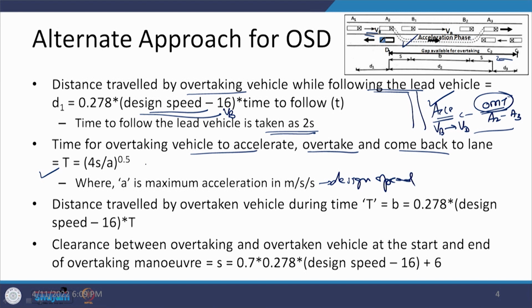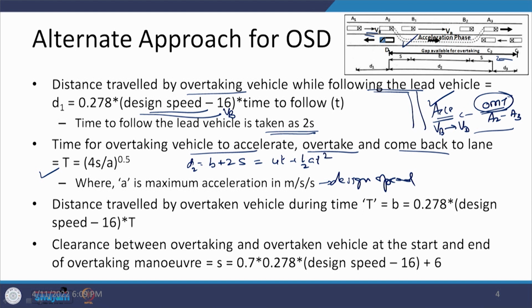How is this value calculated? The distance d2 is b plus 2s, and if we use the equations of motion, it is ut plus half a t square.